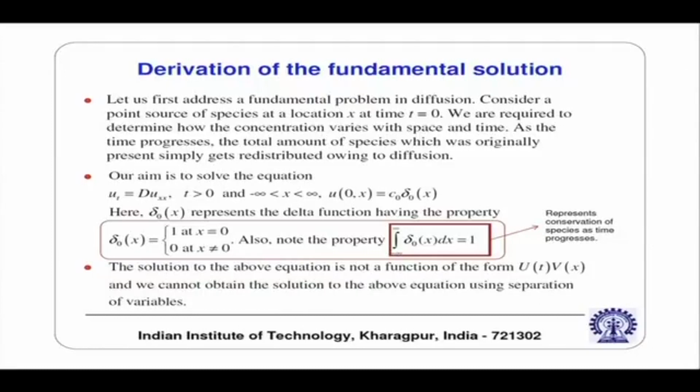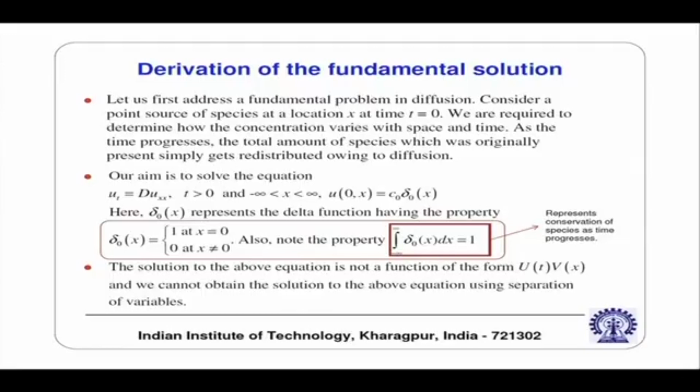Consider a point source of species located at x equal to 0 at time t equal to 0. So, it is like a mass source. We are required to determine how the concentration varies with space and time. As time progresses, what will happen? The total amount of species which was originally present in the solution will simply get distributed owing to diffusion.